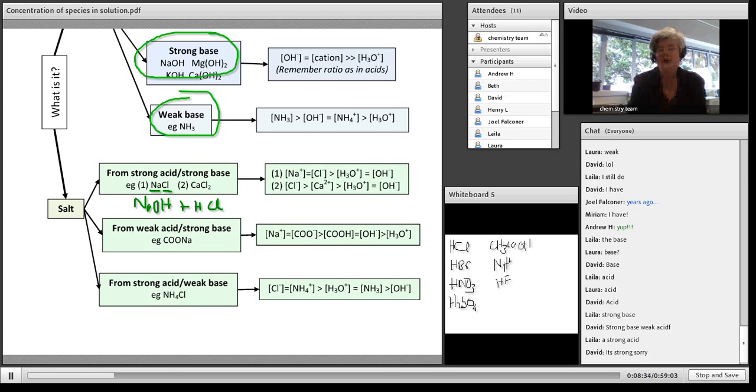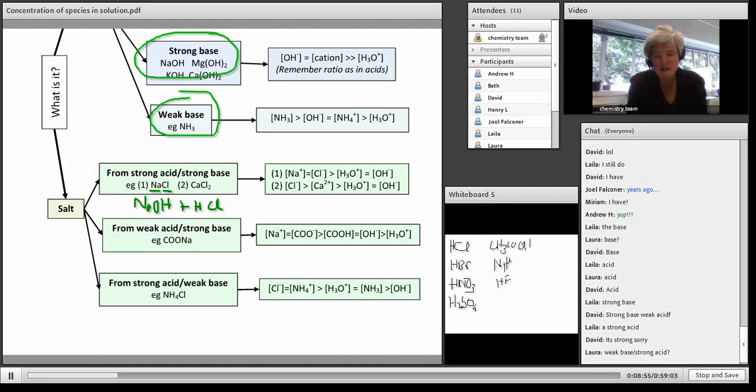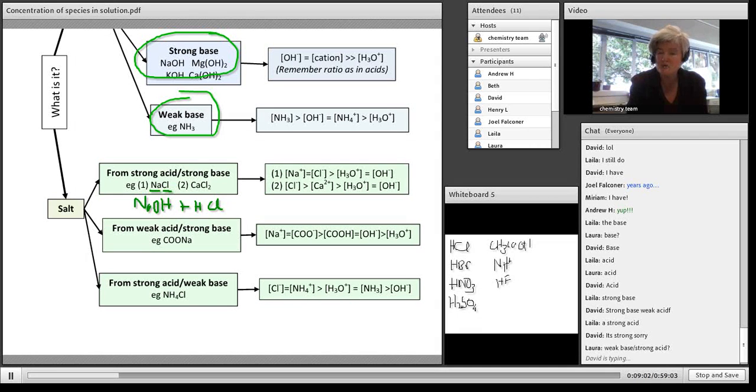Okay, if I asked you for ammonium nitrate, what sort of salt is ammonium nitrate? Is it from a strong acid, strong base, weak acid, strong base, or strong base, weak acid? So some of you are typing. So you've got to work out what sort of base ammonium comes from, and the acid, remember, is the anion, so nitrate.